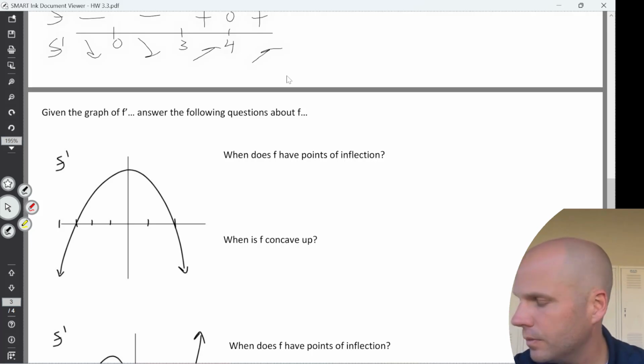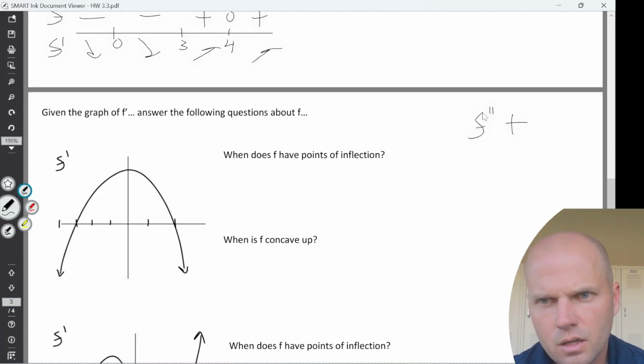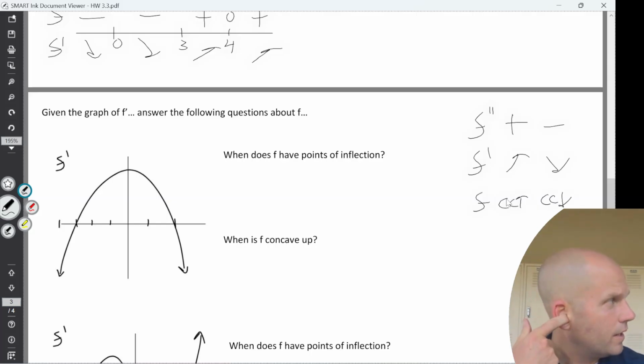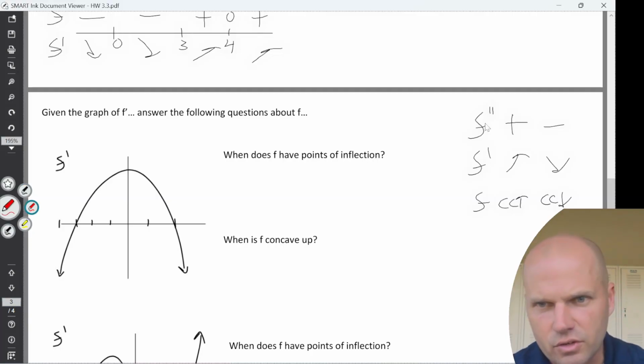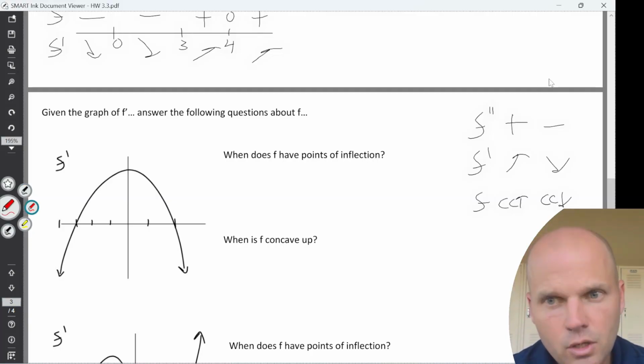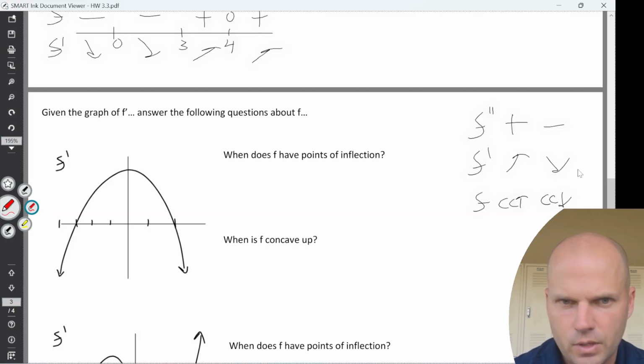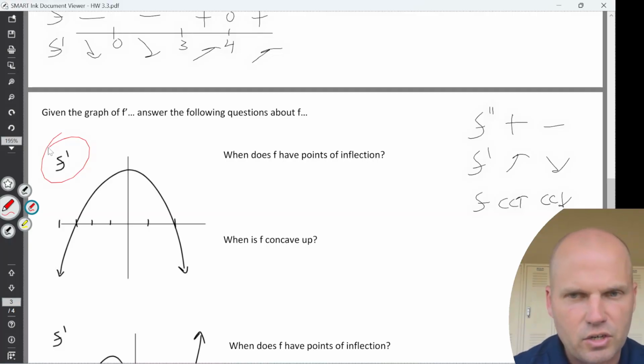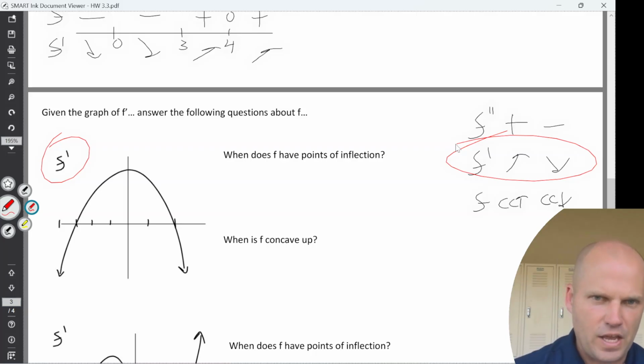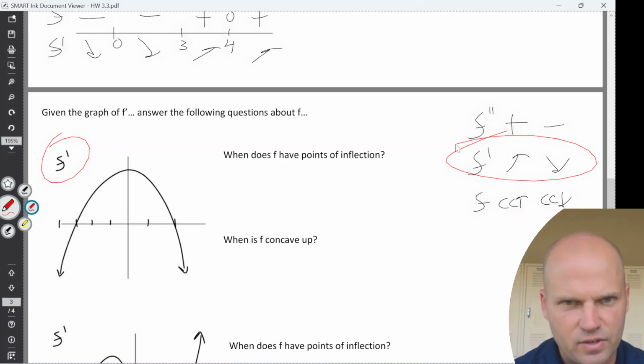What will help you is your friend, Mr. Second Derivative, which tells you about the first derivative, which tells you about curvature. Now, your second derivative signs will tell you about your first derivative's direction, which will tell you about your function's curvature. You need to pick the correct layer of things based on what graph's given to you.